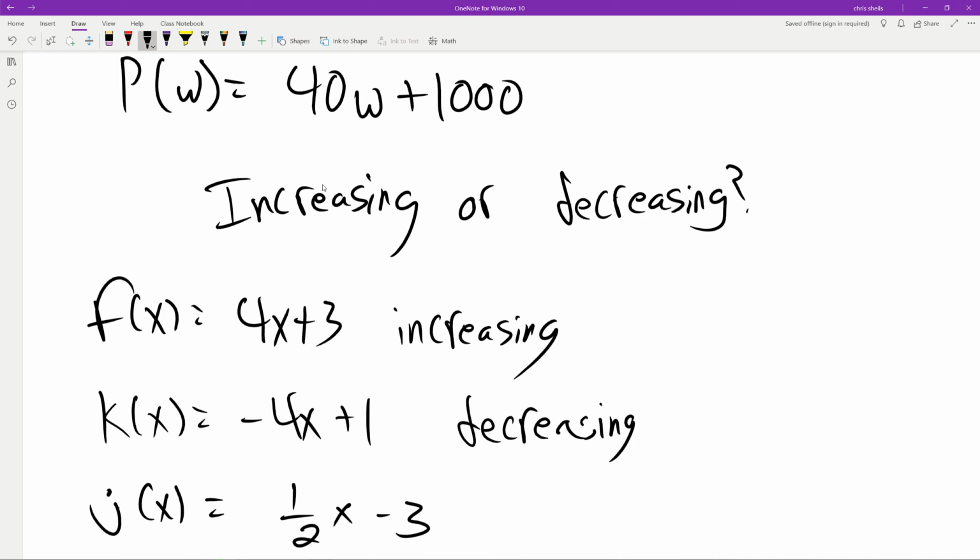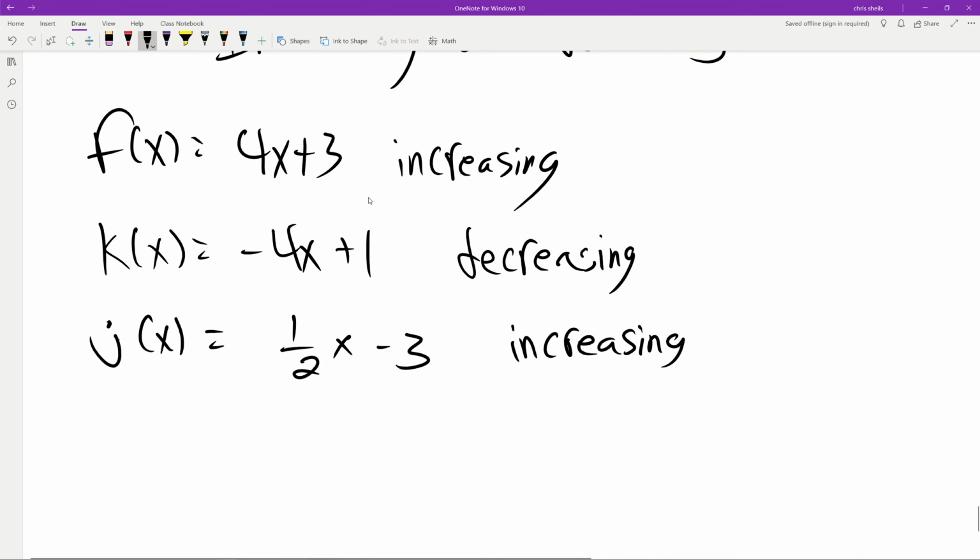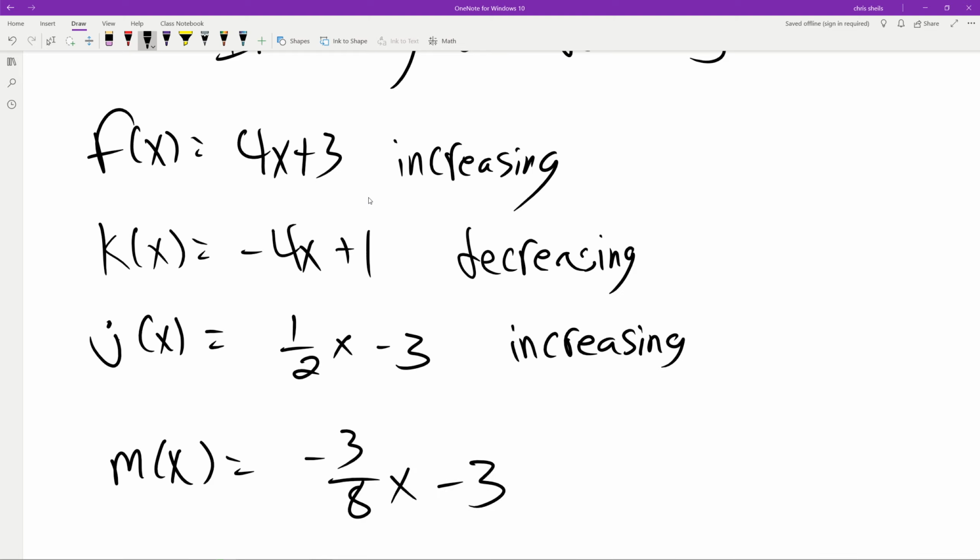Notice that my slope is positive, so this is increasing. M of x equals negative 3/8 x minus 3. My slope here is negative, so this is decreasing.